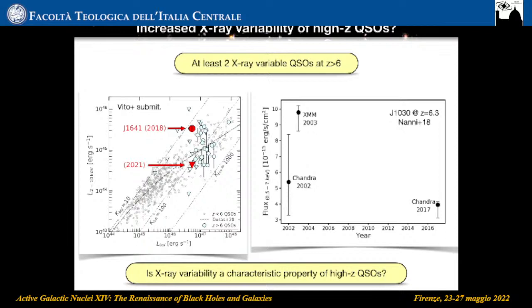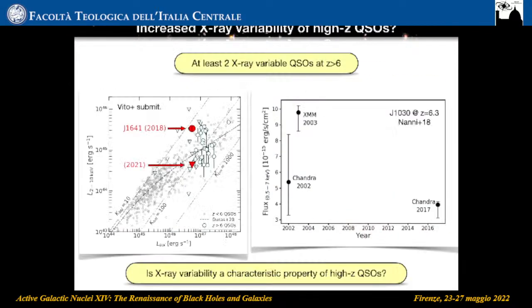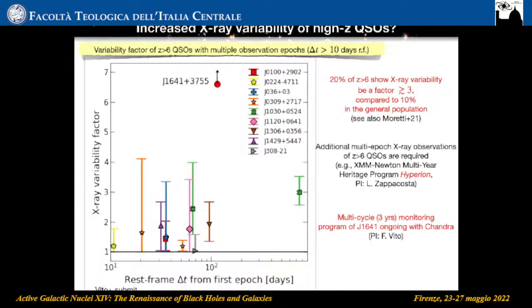collected a sample of high-redshift quasars with multiple X-ray observations. And I computed the X-ray variability factor as a function of the rest-frame time separation between the different epochs. So we have 10 quasars at a redshift higher than 6, and most of them are consistent with no variability at all. This is J1030, so it's variable by a factor of 3, and up here is J1641, and this is a lower limit.